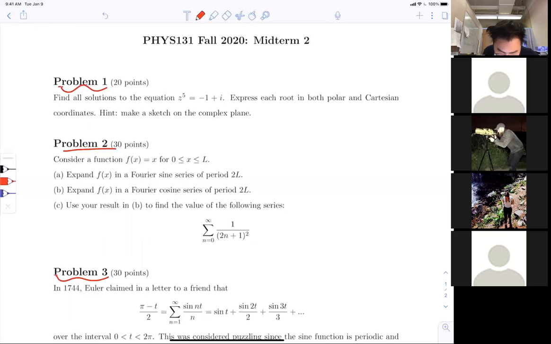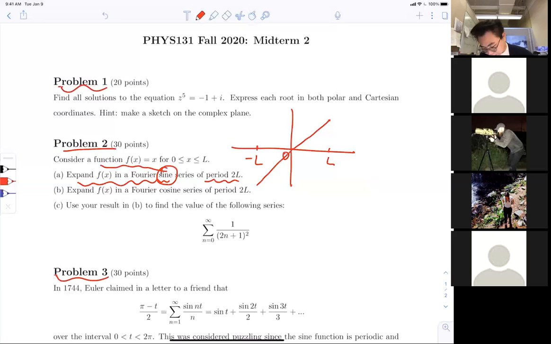Problem 2 asks, we have a function from 0 to L, and it's x. Part A asks you to expand this fx using the sine series with period 2L. That means you want to know what fx is within minus L to 0, because you want a sine series, so you want this to be an odd function. So it should look like this.